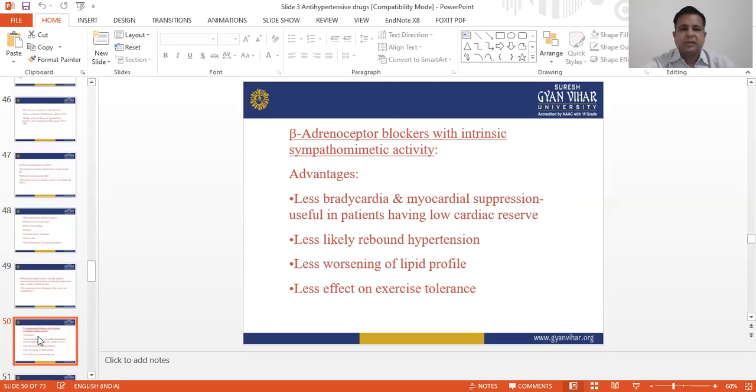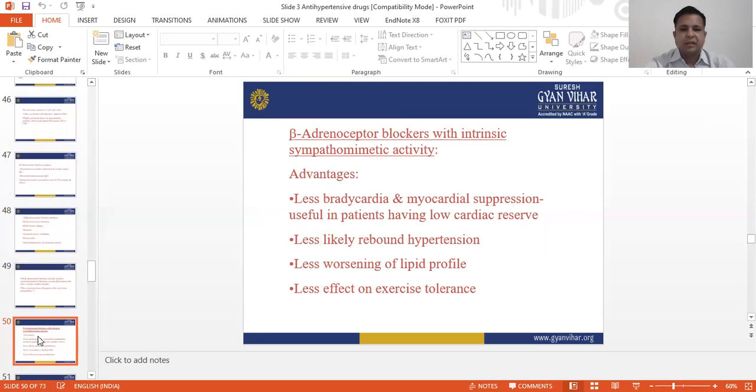Beta adrenoreceptor blockers with intrinsic sympathomimetic activity. Advantages: less bradycardia and myocardial suppression. Useful in patients having low cardiac reserve.